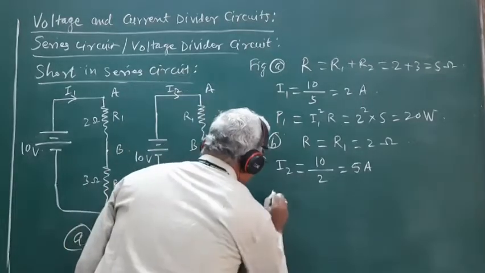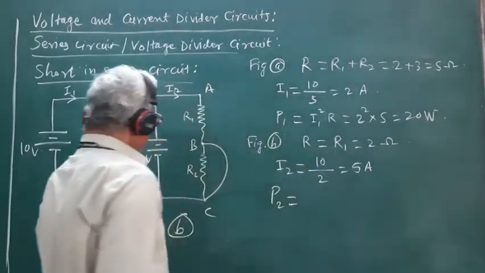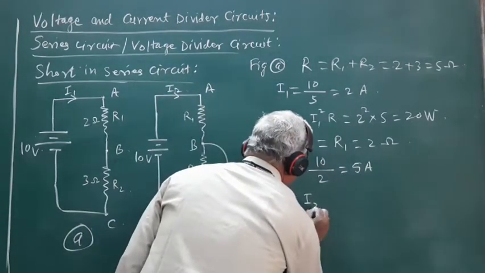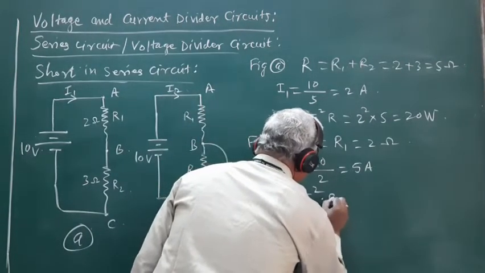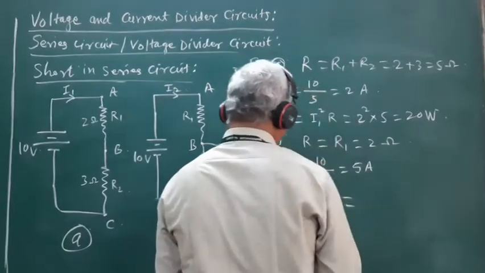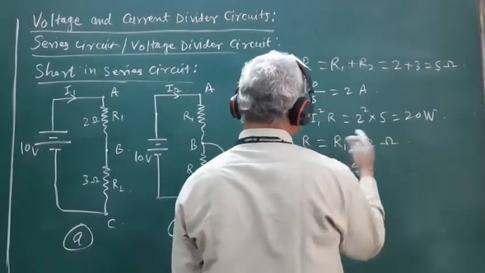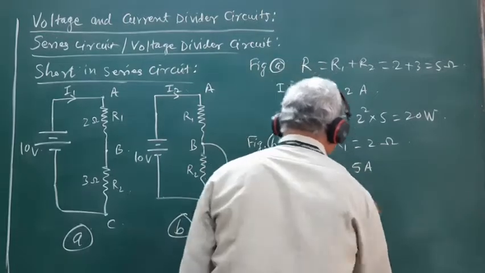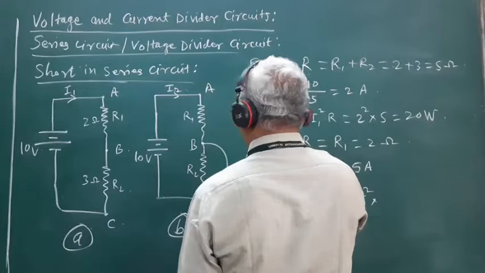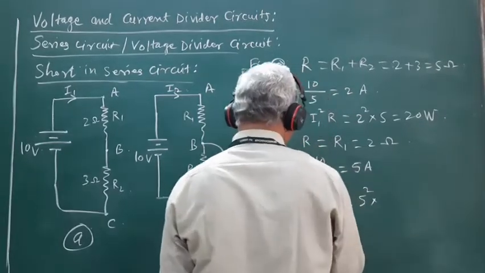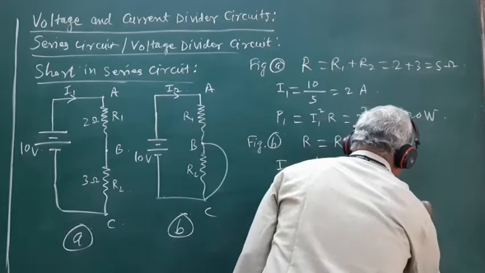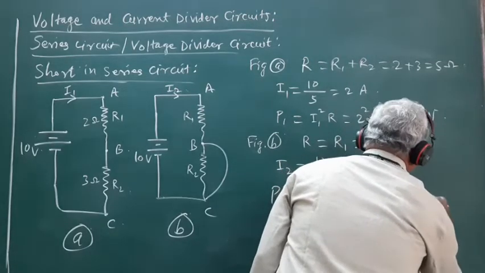So the power P2 drawn from the source will be equal to I2 square into R. So I2 is 5 ampere, its square multiplied by R, that is R1. R is 2 ohm. So this is equal to 50 watt.